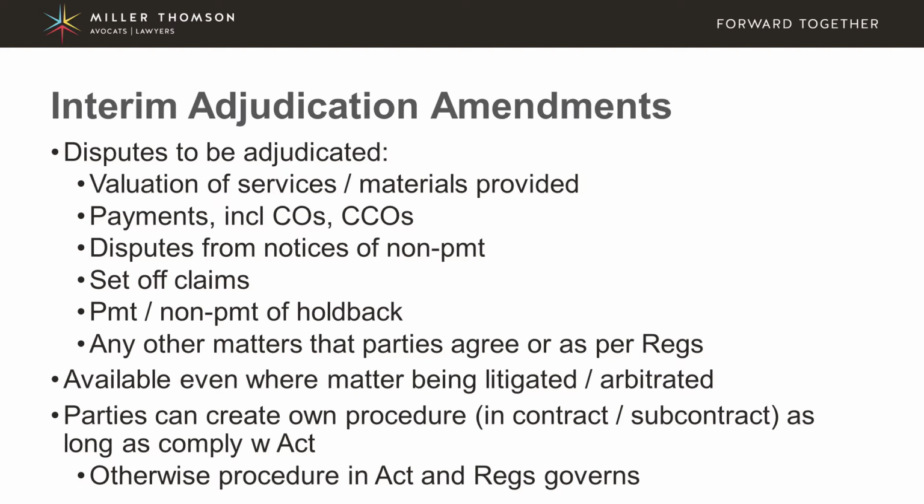Disputes arising from notices of non-payment, and if there are set-off claims, and also if there are disputes regarding the payment or non-payment of holdback, and any other matters that the parties agree to send to adjudication or as are set out in the regulations that can go to adjudication.